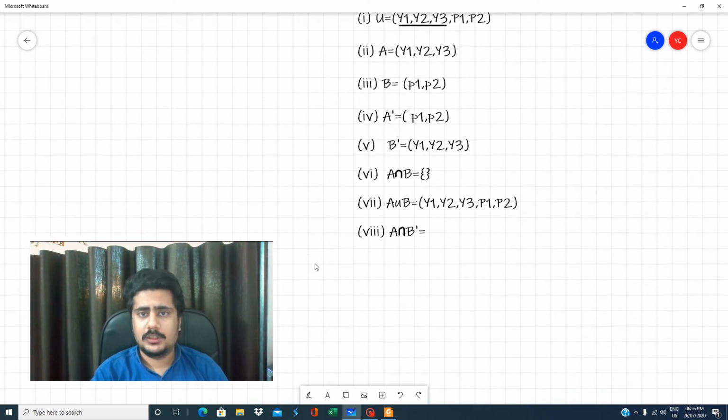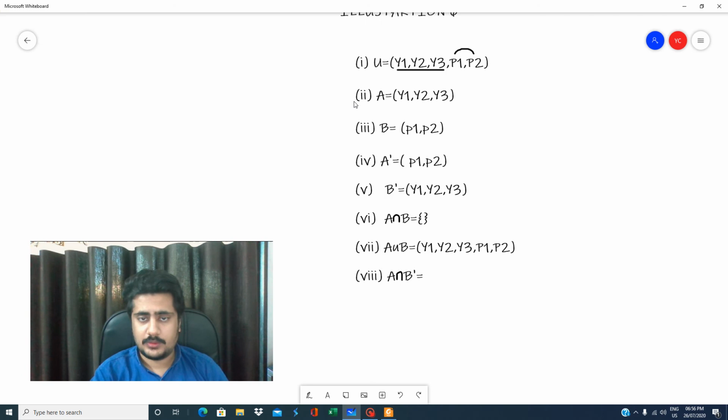We have both A and B dash. See, this is your A, and this is your B dash. So I have to take the intersection of both A and B dash. You can see A is y1, y2, y3, B dash is y1, y2, y3. So the intersection is the same: y1, y2 and y3.